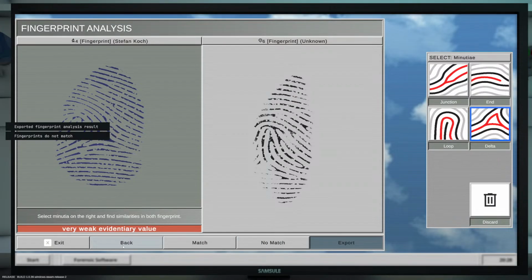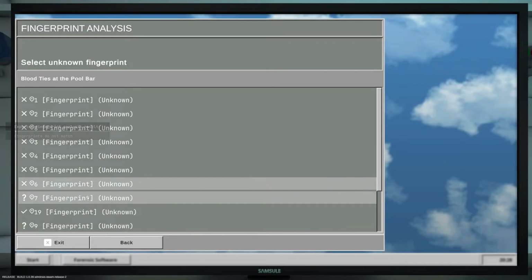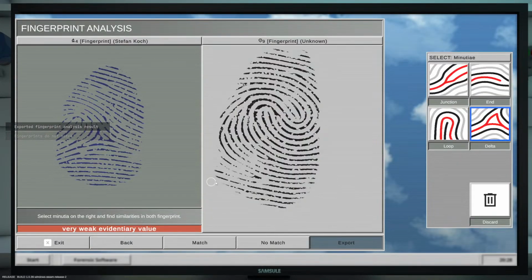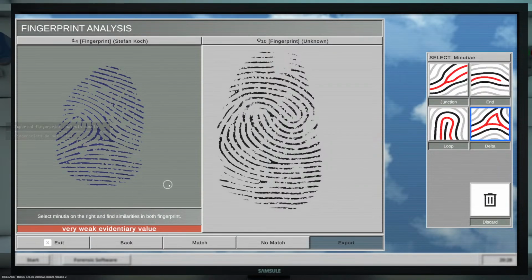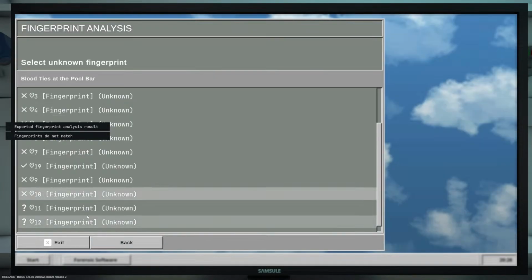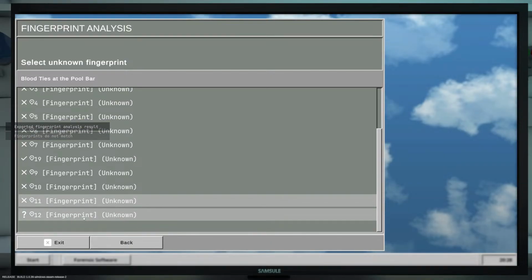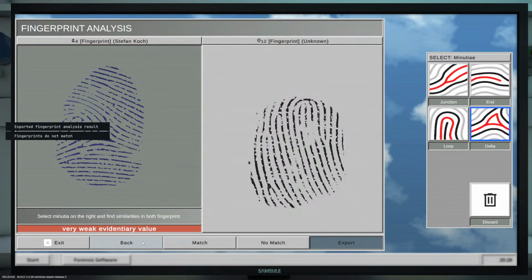No. No match. No match. Yeah, I feel like he was just at the bar, right? Number 19. That's where the shot was fired from.